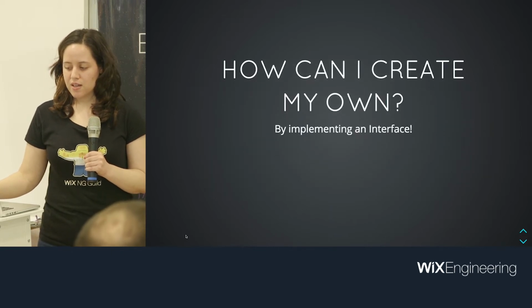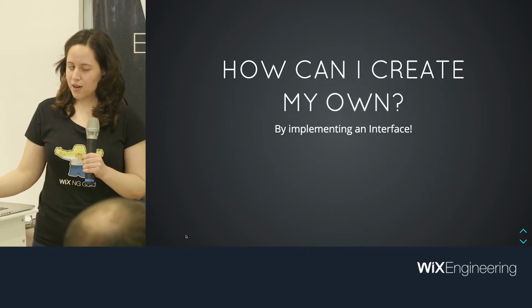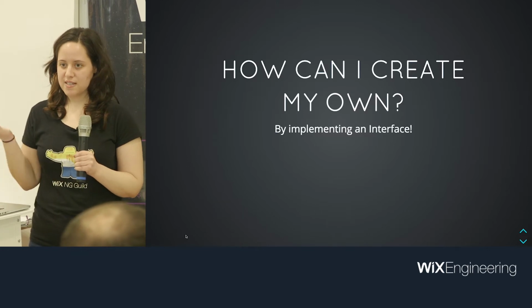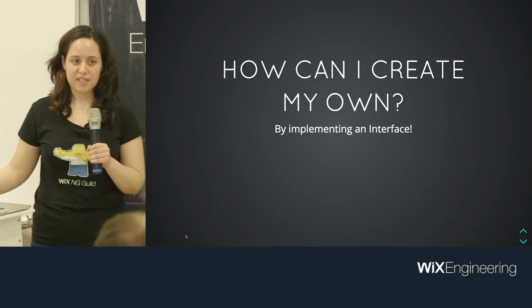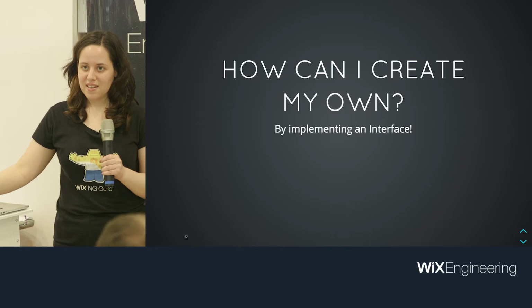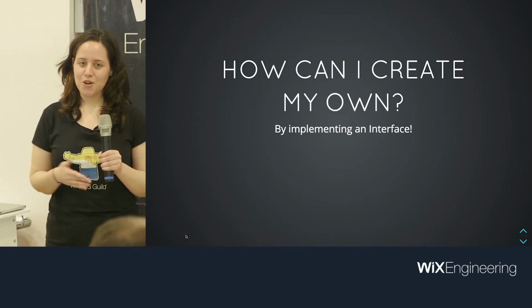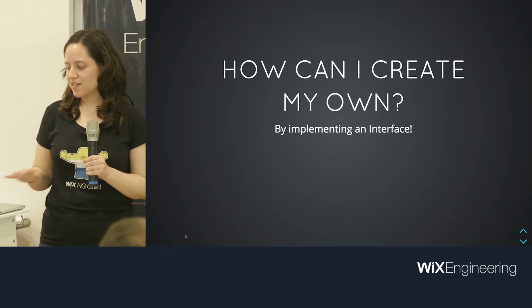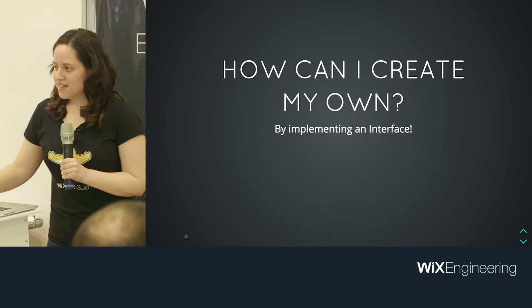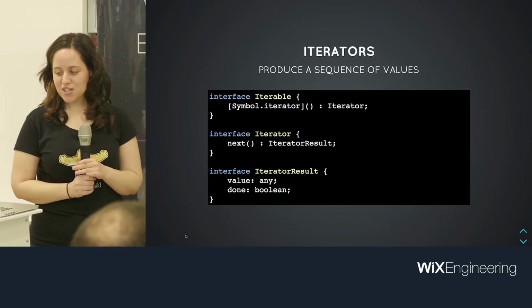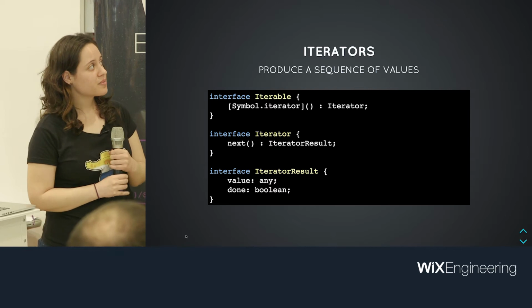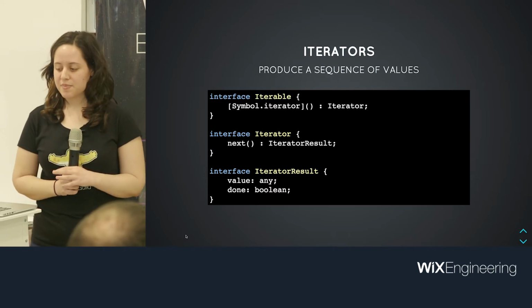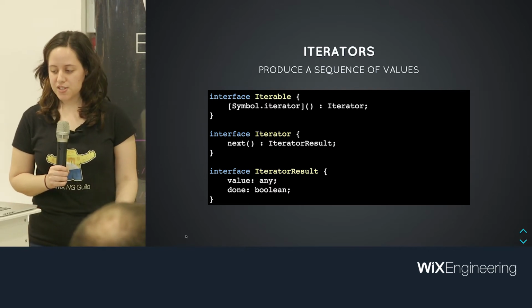So how can we create our own iterables? It's really easy, actually. We only need to implement an interface. And yes, I know there are no interfaces in JavaScript, but it's just a convention. So this is the iterator and iterable interface. This is a way to produce a sequence of values.